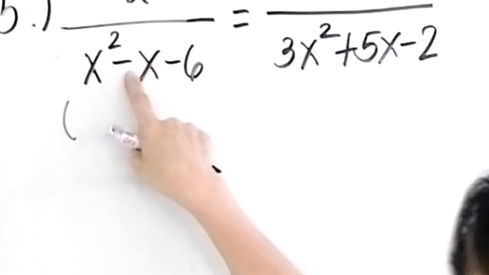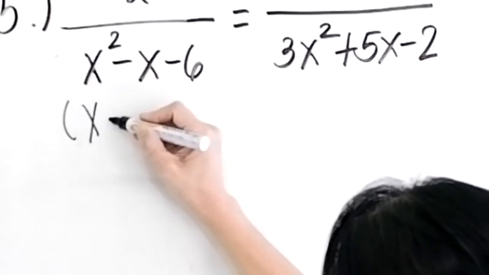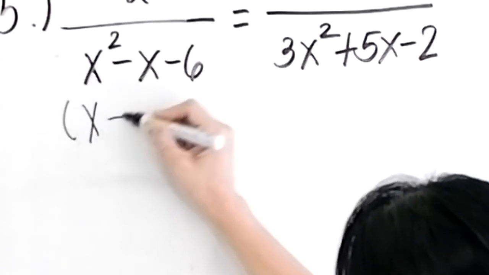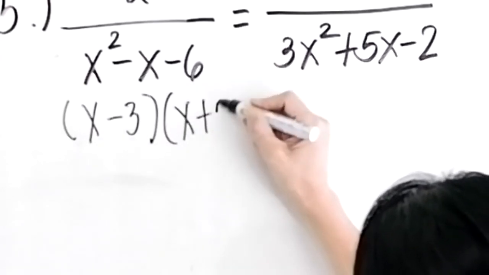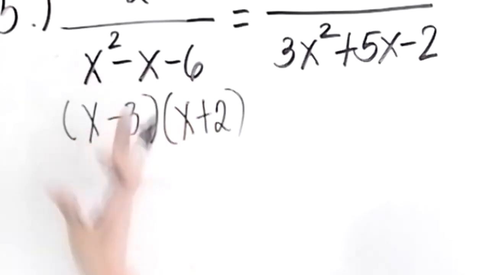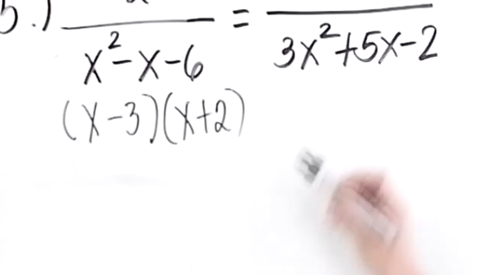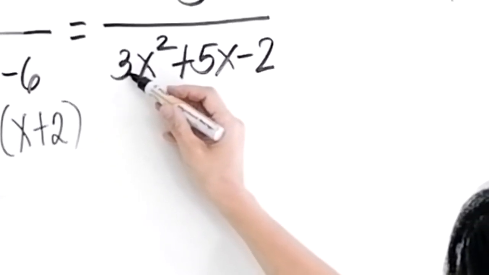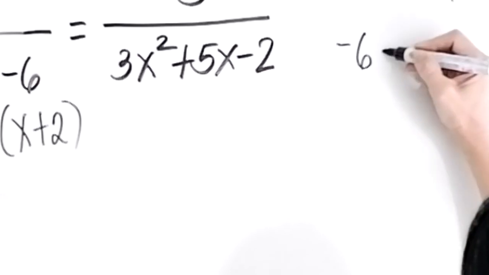Remember your factoring. So we have here x minus 3 and x plus 2 because it is a simple quadratic trinomial. Here, it's a little bit complicated, so we do it this way. 3 times negative 2 is negative 6.